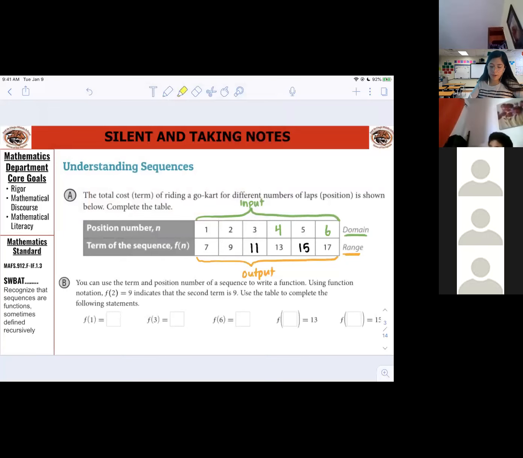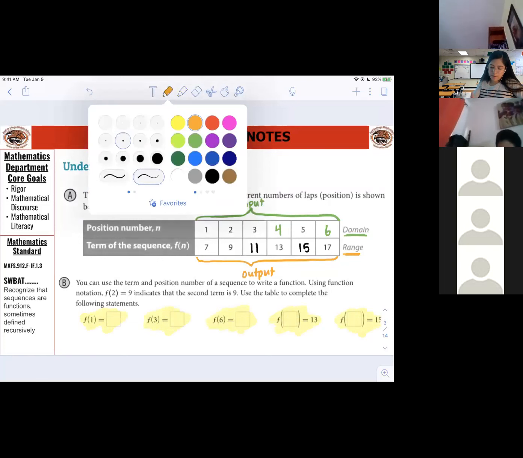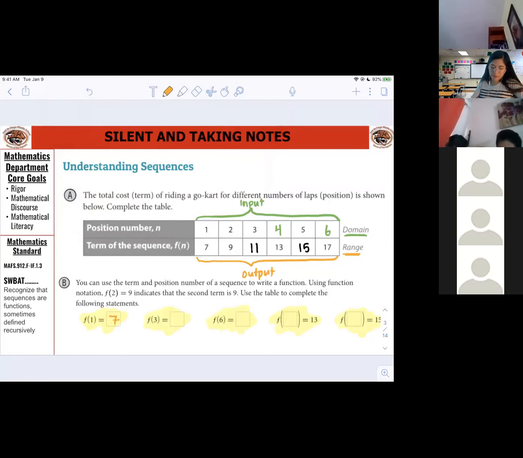So take a look. What I do want you to copy down is each of those little problems here. Based on the table, what would be f of 1? 7. Exactly. So since my input is 1, my output is 7.